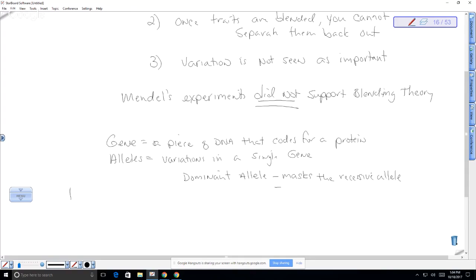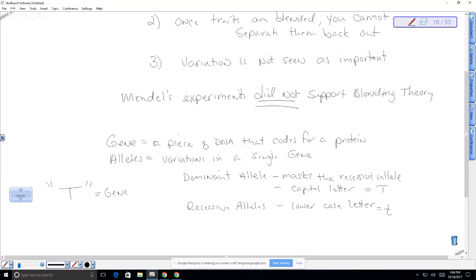So if we had a gene and it was T, this would be a capital T. Then we have recessive alleles, and they do not mask anything, and they are a lowercase letter. Okay, so this is the gene. The dominant in this place is big T. The recessive is little t. So big T and little t.